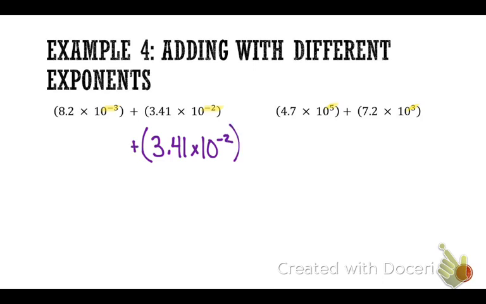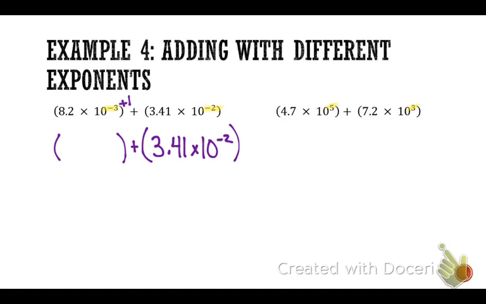Now, the one with the smaller exponent, I need to figure out how many I need to add to this value to make it match my larger value. How many would I need to add to -3 to make it equal to -2? 1. So because I am adding 1, remember what we learned yesterday: if I'm increasing my exponent value, I move my decimal to the left that many places.